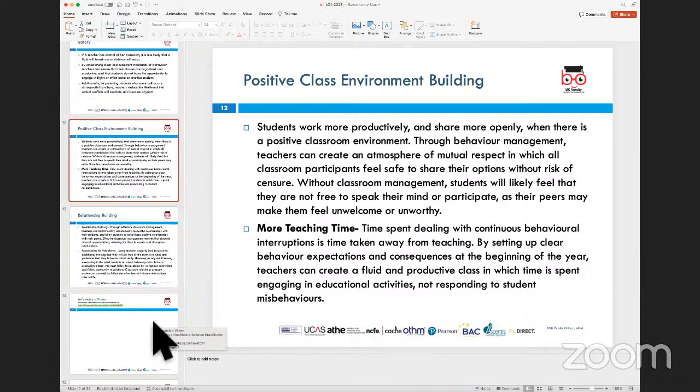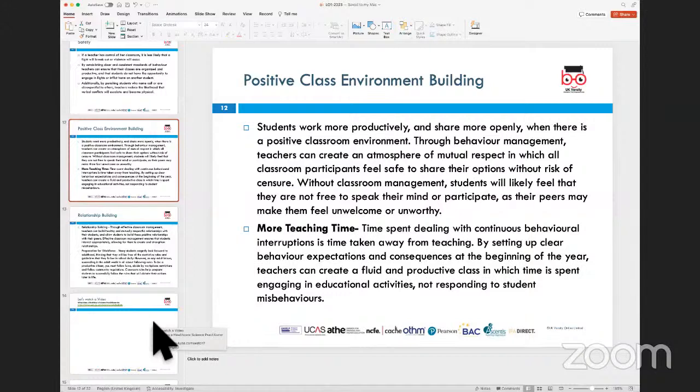Now, students can be more productive if they have a conducive environment, they have a positive class outlook towards the class, and the management of the behavior by the teacher in the class also allows, let's say, an atmosphere to be created wherein there is mutual respect amongst other colleagues within the classroom, and this allows students to feel more free, and they are more likely to participate and, let's say, contribute towards the learning in the classroom.